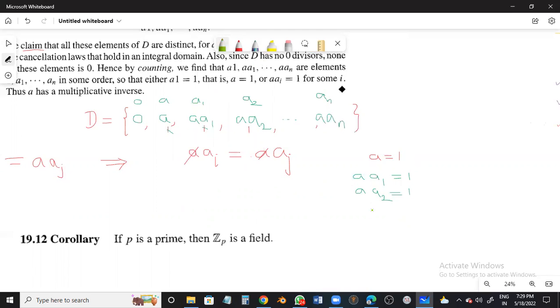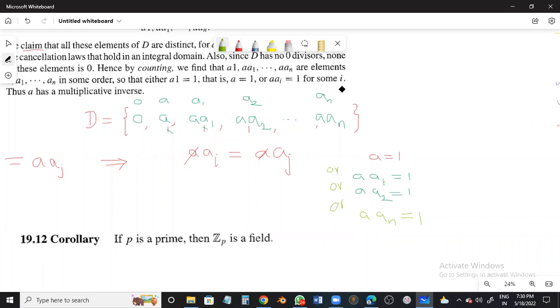And so on. I can say A into AN will be 1. Okay. And every time I have to say "or", because no two entries are same. So I have to say "or" so many times.